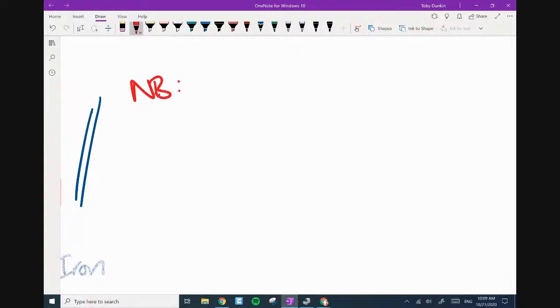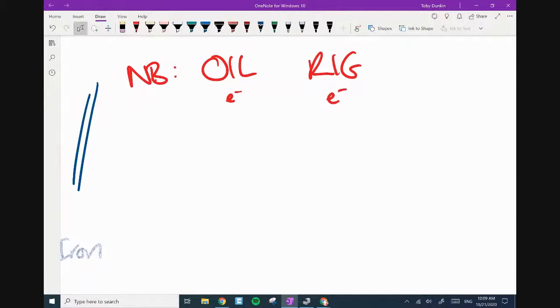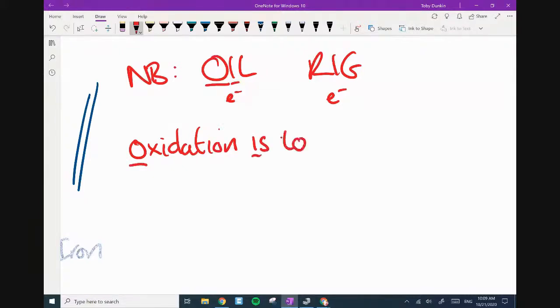Nota bene. I now teach you OIL RIG. I just put a little e- underneath it. So here's the definition. Oxidation is loss of electrons. Oxidation is the loss of electrons.